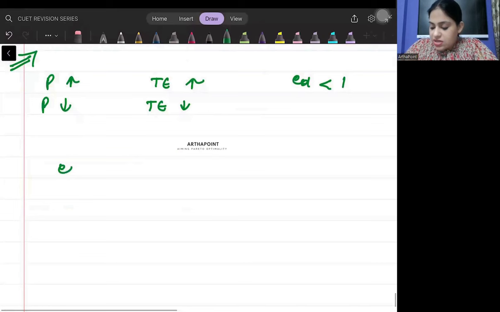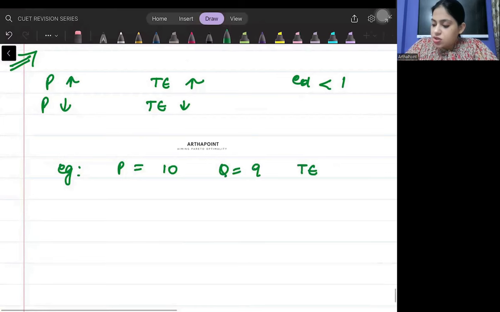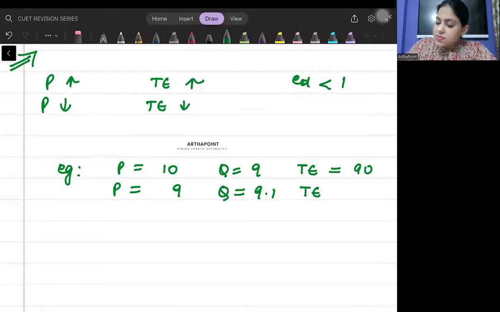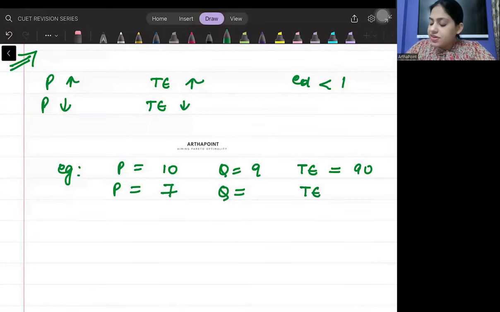To take an example beta, price is 10, quantity is 9, total expenditure is say 90, price decreases to 9, quantity increases to 9.1, total expenditure, let me not take decimals here, price decreases to 7, quantity increases to 10, total expenditure goes to 70.